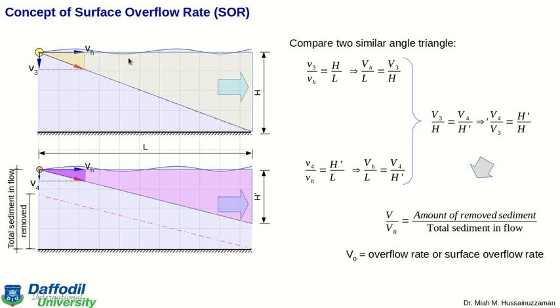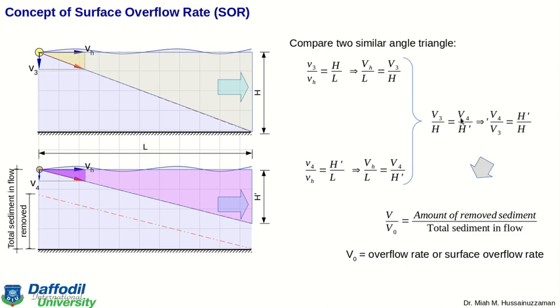In these two shaded triangles, we can make this ratio: V3 by VH is equal to H by L, and V4 by VH is equal to H prime by L. H is the same, L is the same, VH is the same. So if we put them on one side, V3 by H and V4 by H prime become equal terms.